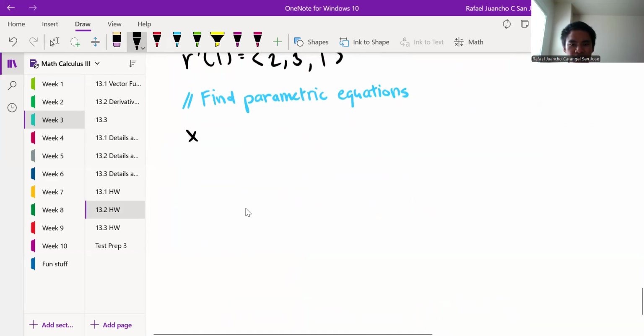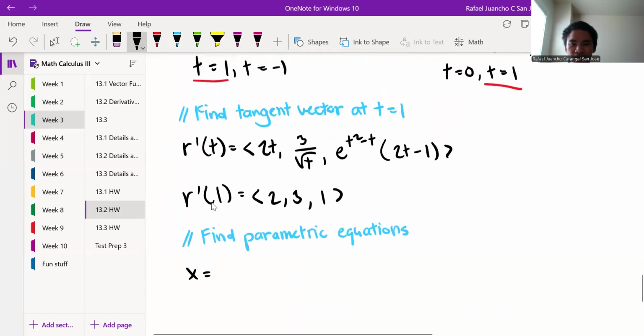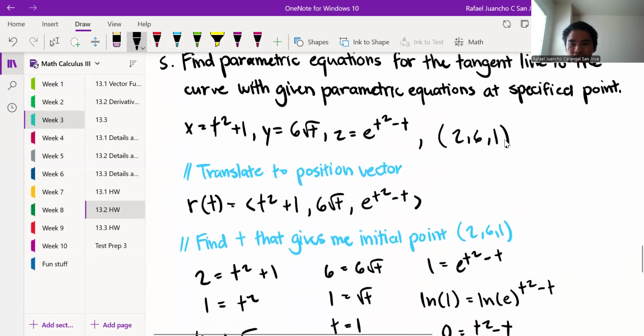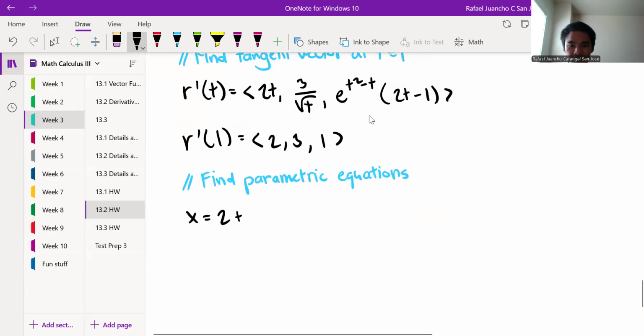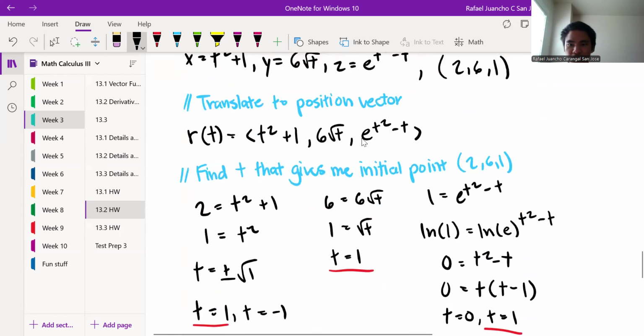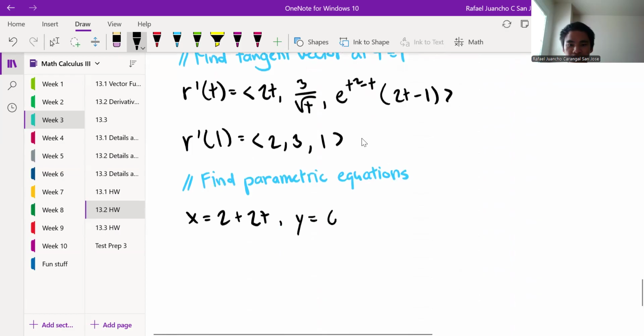So I'm going to do that. This is going to be x equals, so my initial point, I have 2, 6, and 1. This is 2 plus my direction vector, so 2t. Then my y, that's 6 plus 3t. That's it.